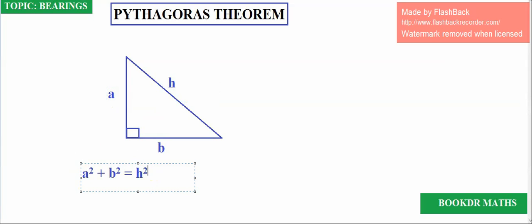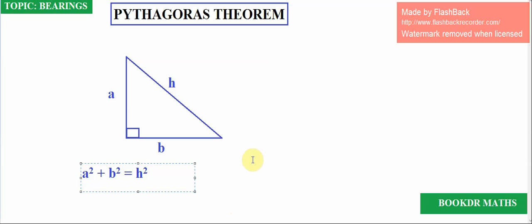The sum of the squares of the other two sides is always equal to the square of the hypotenuse.